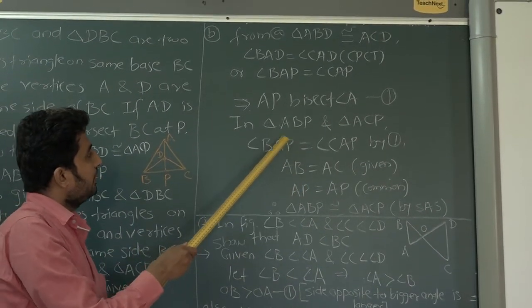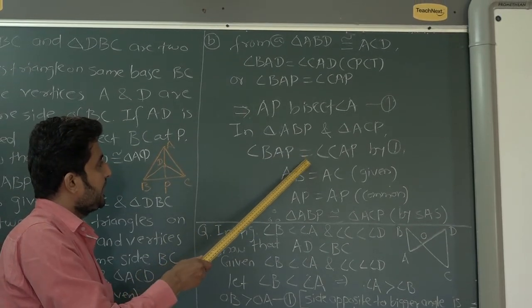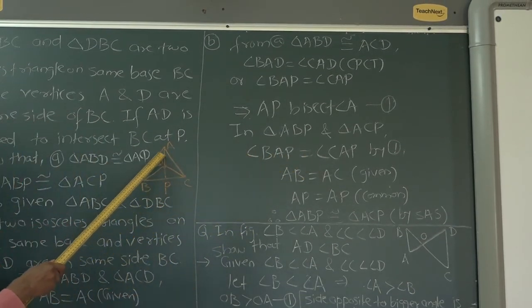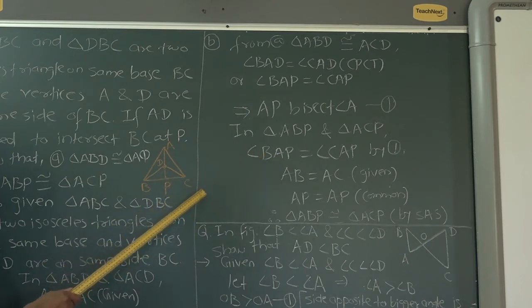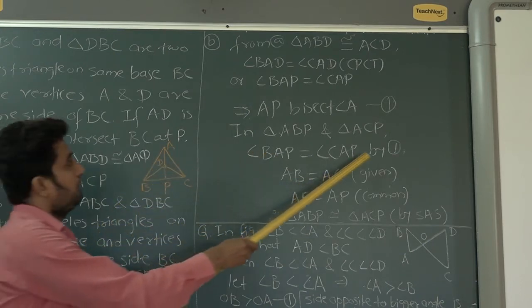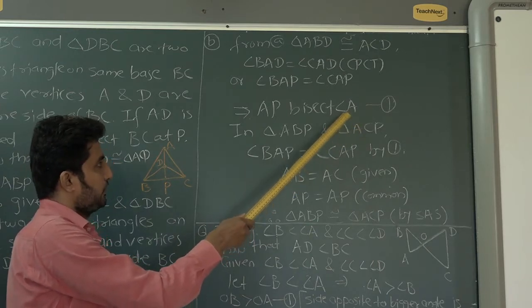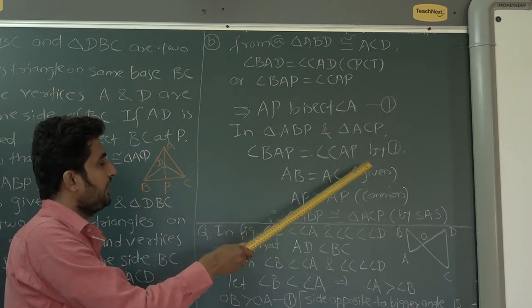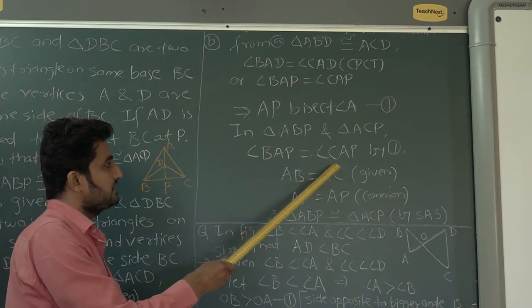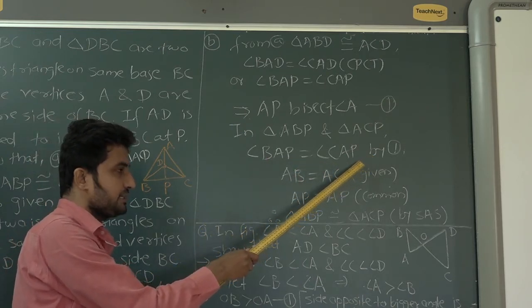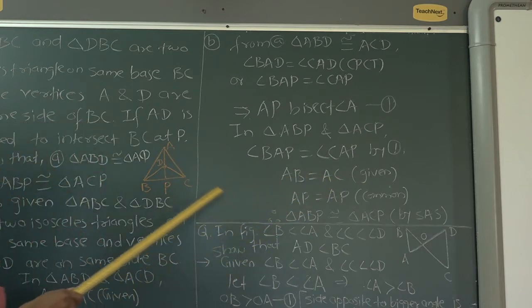So angle BAP equals angle CAP by 1, because angle A is bisected. Second, AB equals AC.